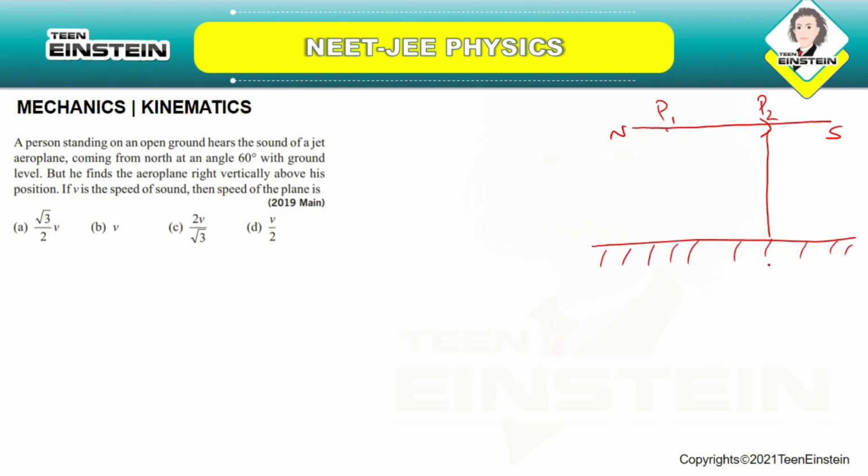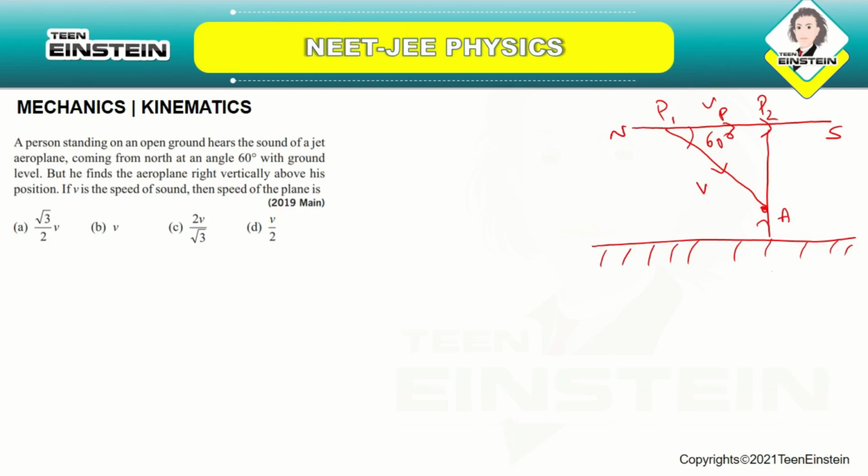and you mark him as A. So, from here to here he is able to see that. So, A, and this angle is 60 degree and this is V, the velocity of the plane, and this is the velocity of the sound.